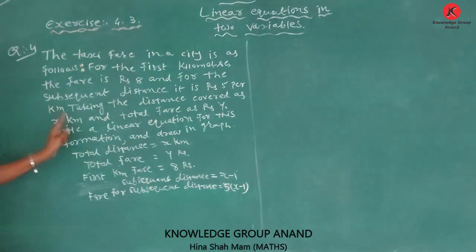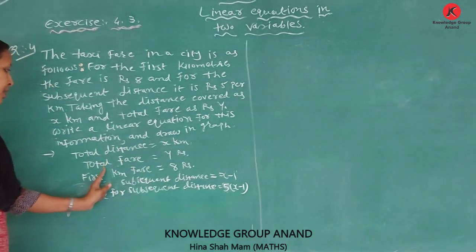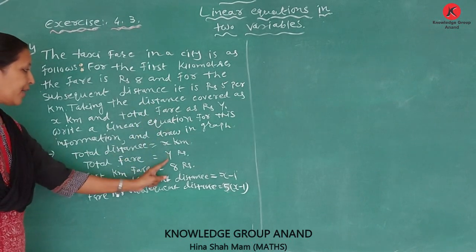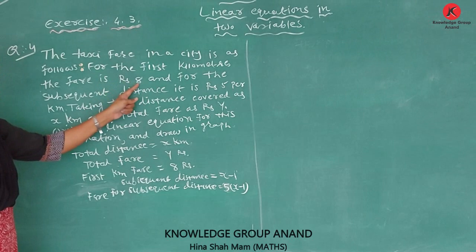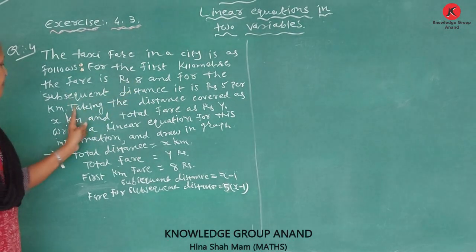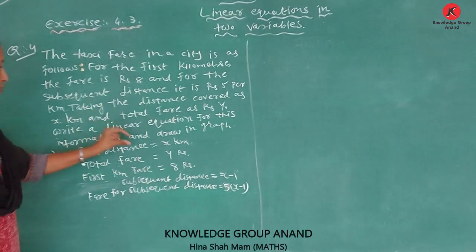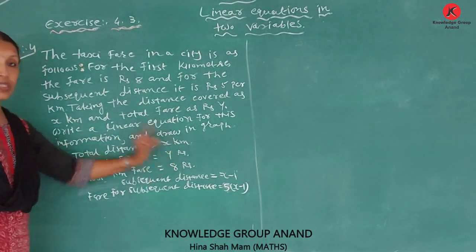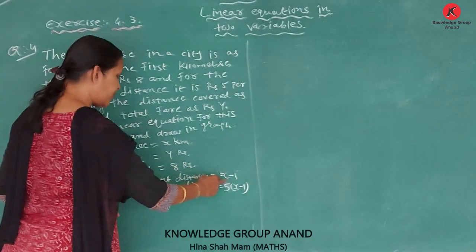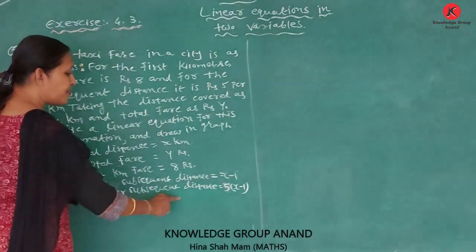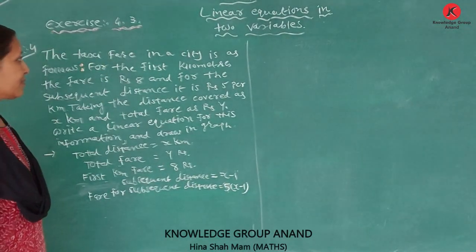Okay, we have this information. Total distance x kilometer, total fare y rupees. The first kilometer fare is equal to 8 rupees. The first kilometer is compulsory, the subsequent distance is x minus 1, and the fare for the subsequent distance is 5 into x minus 1.